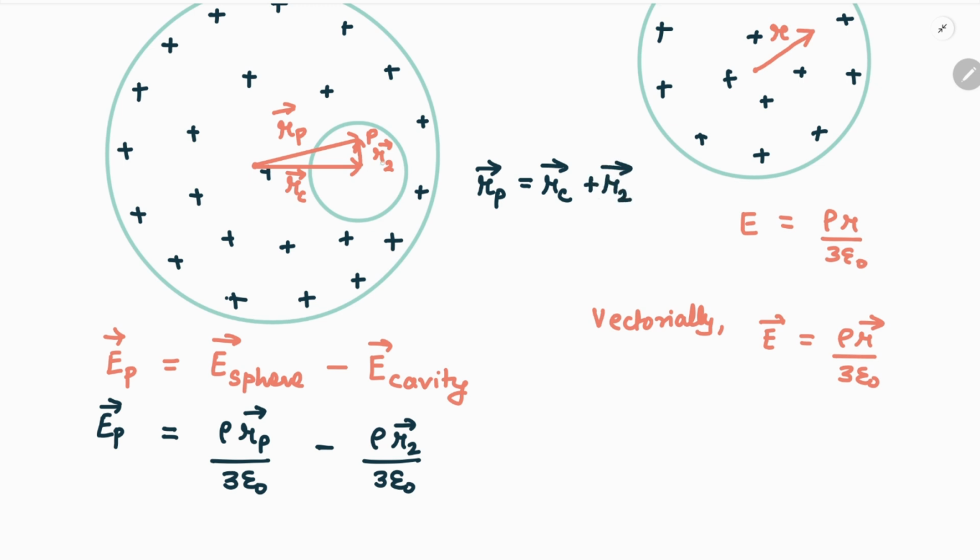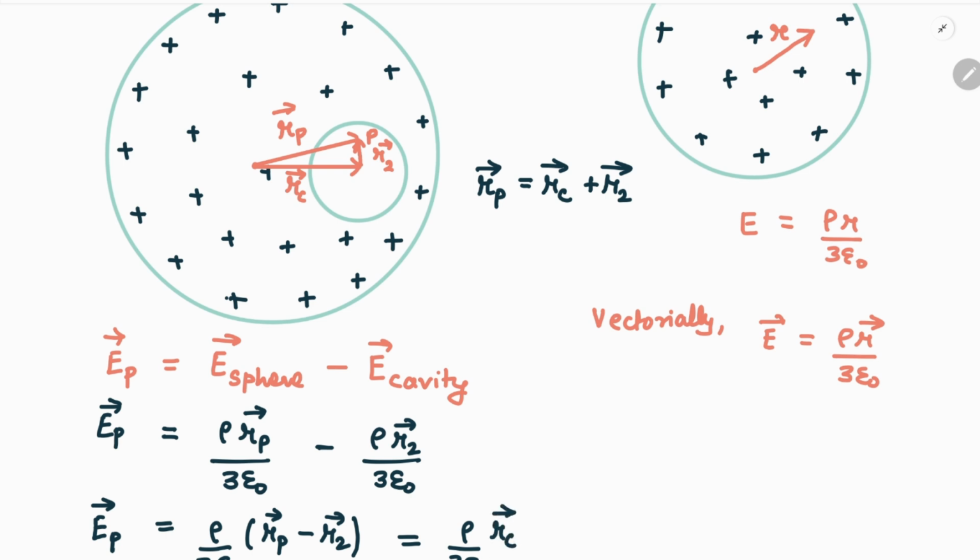That is, if two vectors are in order, the resultant is the third side but in the opposite direction. So rp vector minus r2 vector can be written as rc vector, and hence the electric field strength at any point P is written as rho by 3 epsilon naught times (rp vector minus r2 vector), which can be written as rho by 3 epsilon naught rc vector.